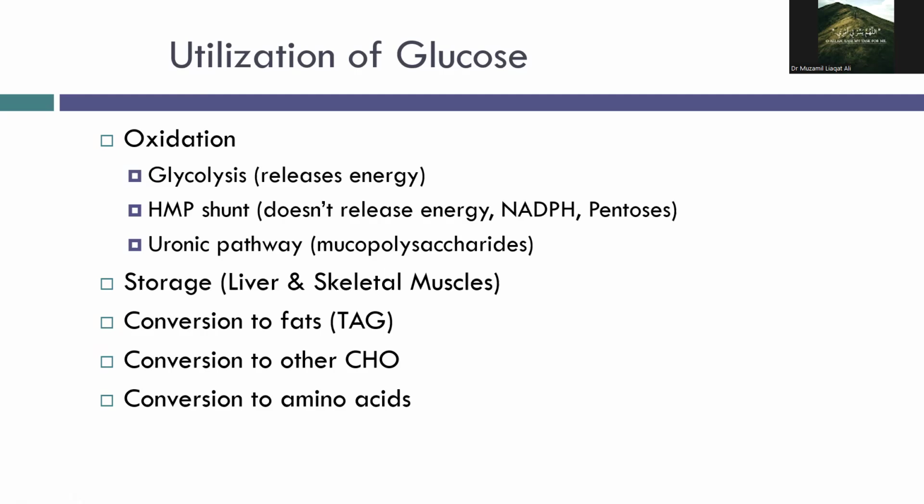The uronic acid pathway, in case of mucopolysaccharides and glucuronide synthesis, right? The next metabolic fates would include the storage as glycogen in liver and skeletal muscles, conversion to fats, conversion to other carbohydrate molecules, and the conversion of the carbohydrates to non-essential amino acids.